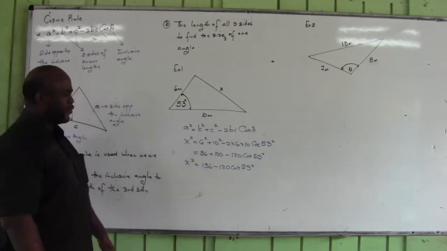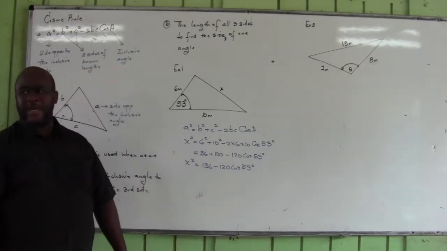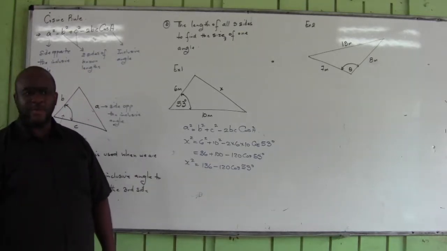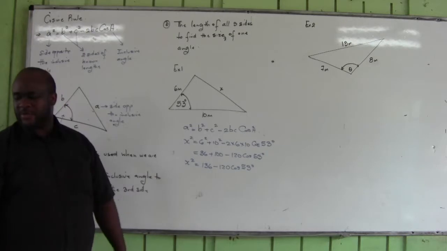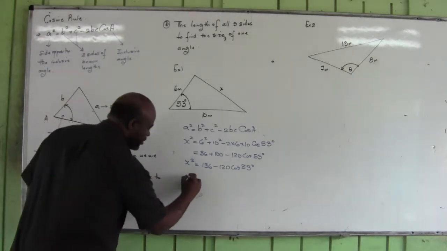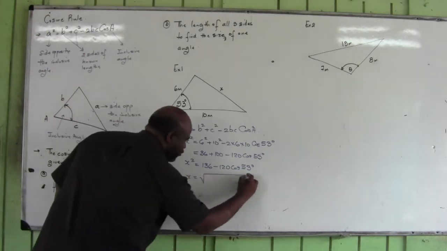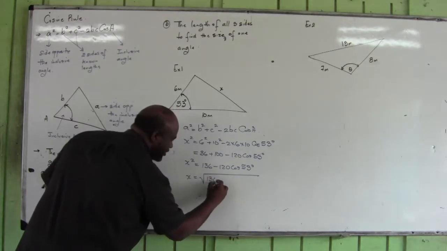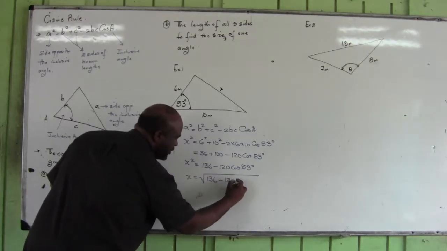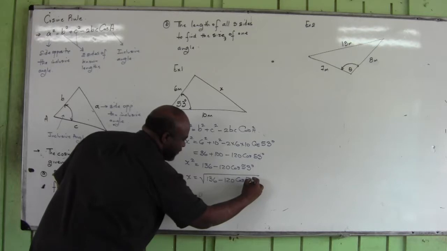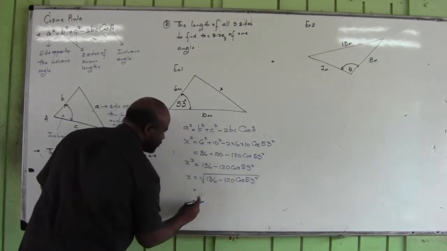I wouldn't bother to work this out. What is the opposite of square? Square root. x is equal to the square root of 136 minus 120 cosine 53 degrees.